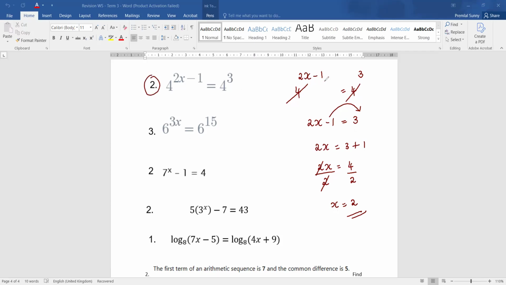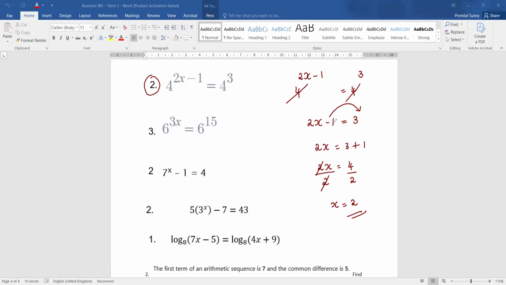4 to the power of 2x minus 1 is equal to 4 to the power of 3. If you have the same base, you cancel the base and then equate the powers. 2x minus 1 is equal to 3. All the variables should be on one side and all the numbers on the other side.